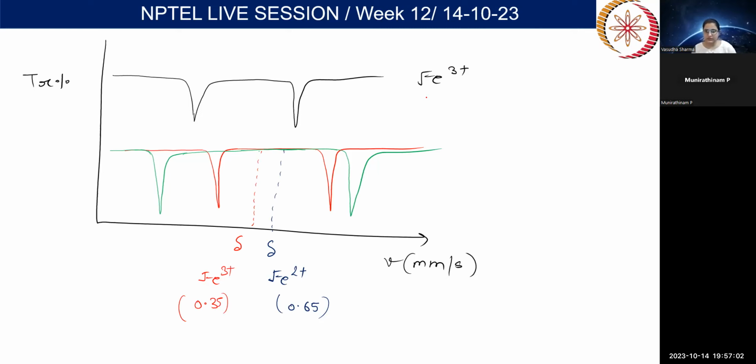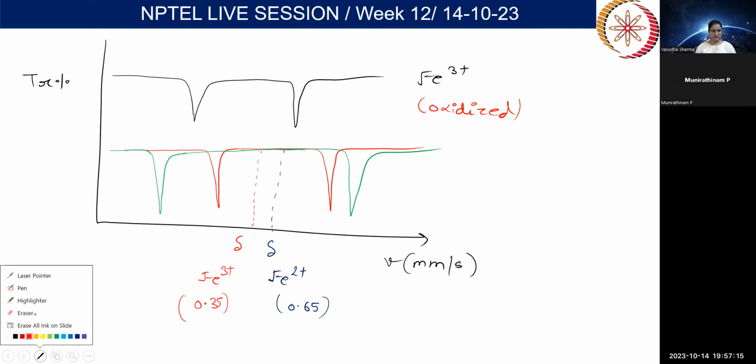Now, this is the case when both of them are in the oxidized stage. That's why we saw only one kind of peak, and this is coming around 0.27.